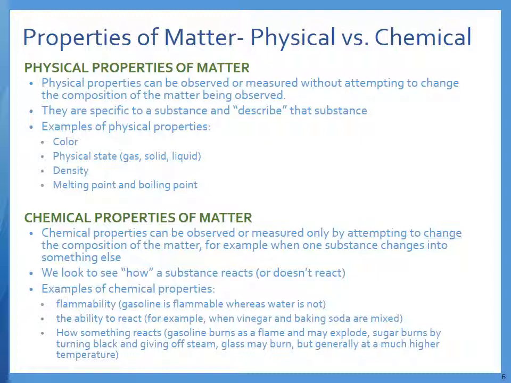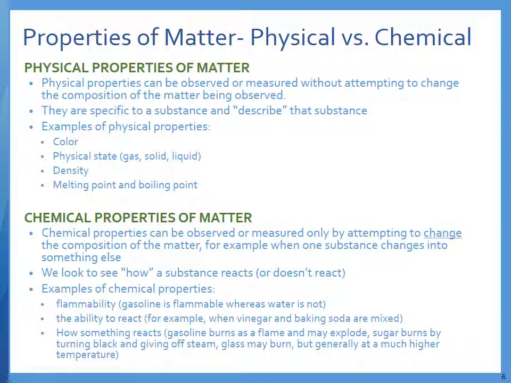A chemical property, on the other hand, is something that is observed only by attempting to change the composition into something else. So that's when we're talking about a chemical reaction. It's changing to something else. So things that are chemical properties is how does a substance react or doesn't react.